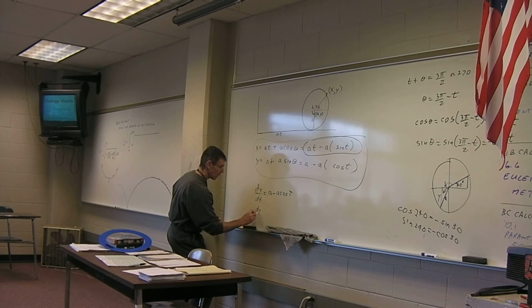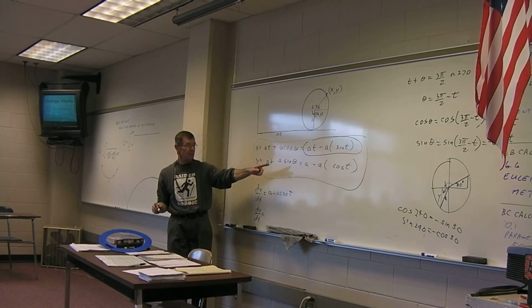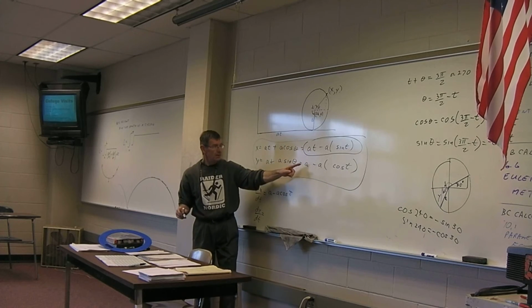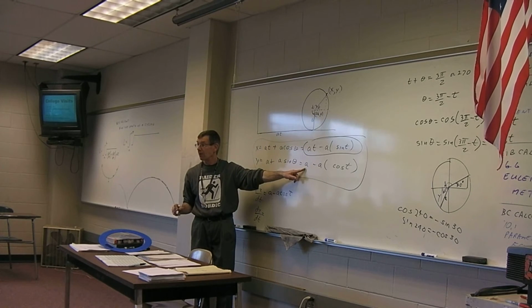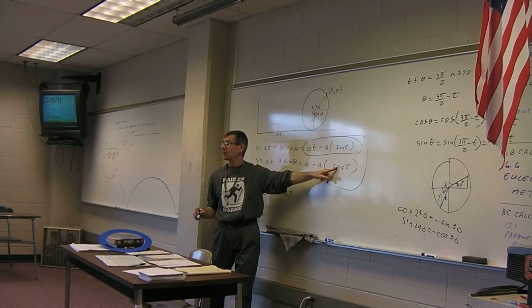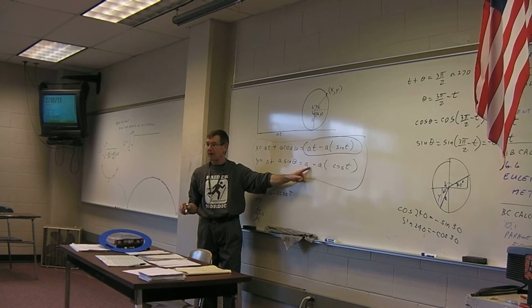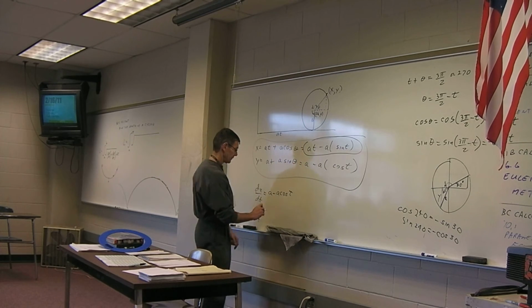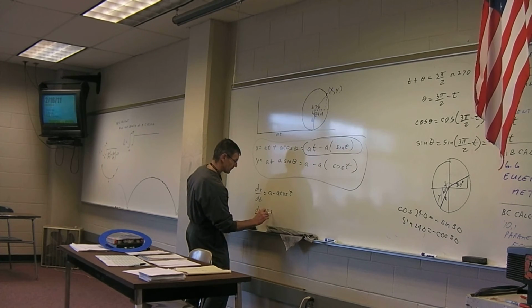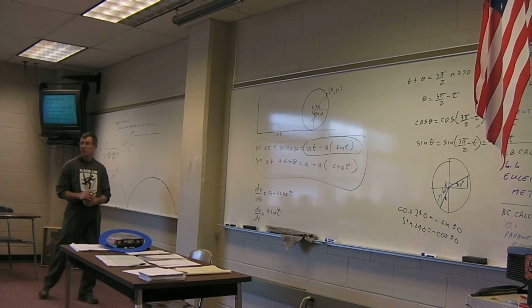And what's the derivative of y with respect to t? It's the derivative of this thing here. Derivative of a is 0. And minus a times the derivative of that would be negative sine, so the net result is a positive a sine of t. Sorry, sine of t. So those are the derivatives.